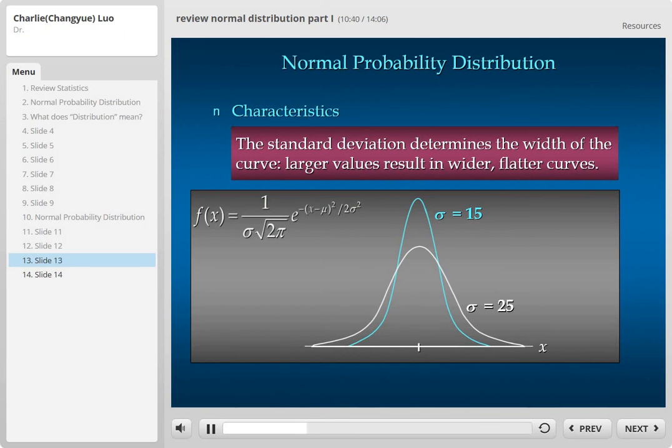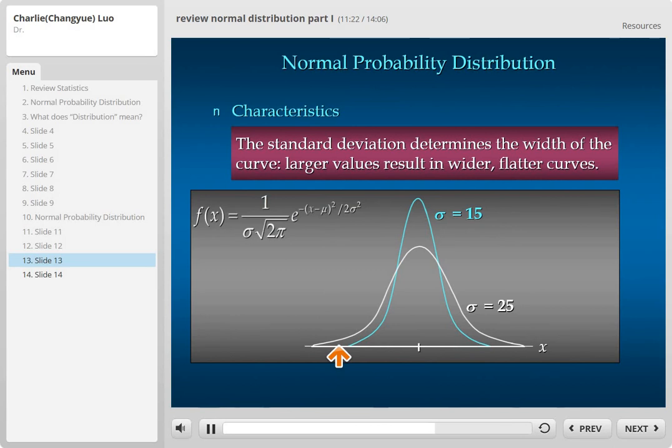For example, this gray curve here has a standard deviation equals to 25, and this blue one, the standard deviation of this curve equals to 15. So you will see, if you see a lot of normal distributions, you will find out that if the standard deviation is smaller, this curve is taller. If the standard deviation is bigger, then this curve is wider.